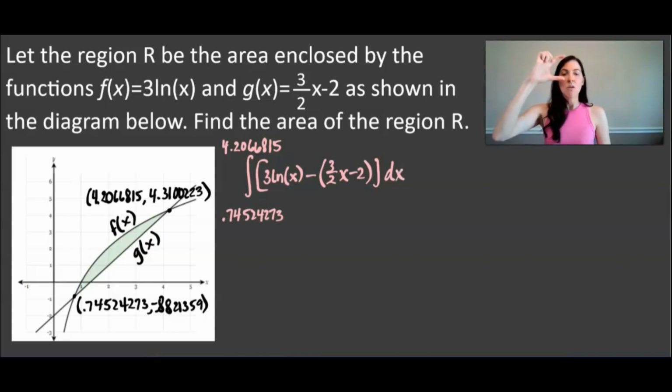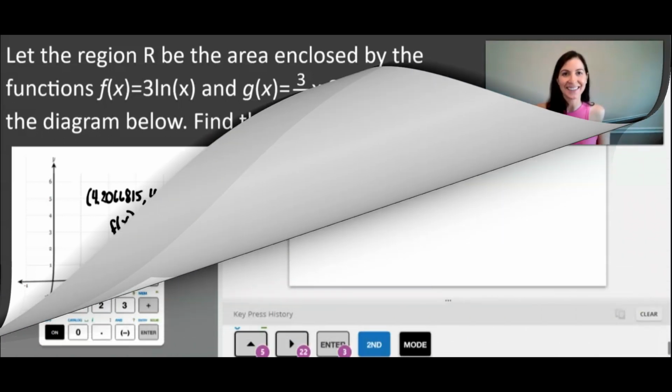So the height would be f of x minus g of x, and the width would be your little tiny delta x or dx. That is the setup if you are solving this with top function minus bottom function in terms of x. And let's go ahead and plug this into the graphing calculator.